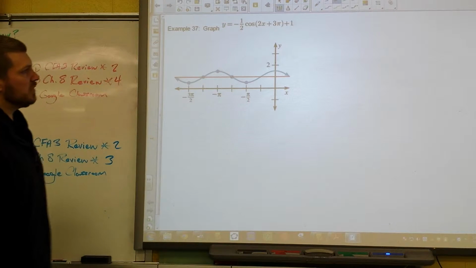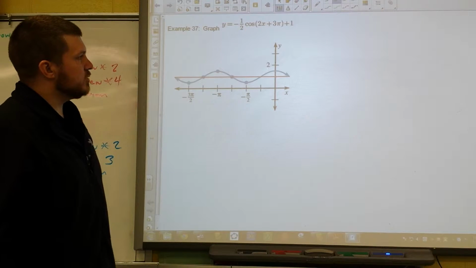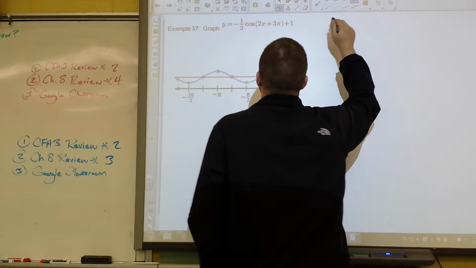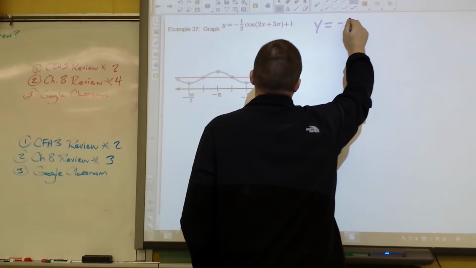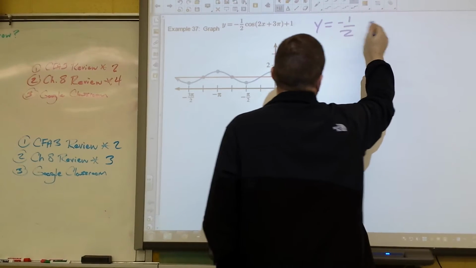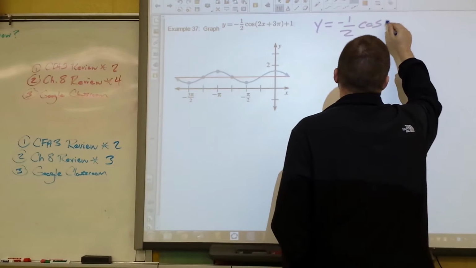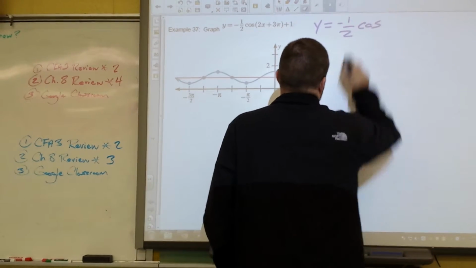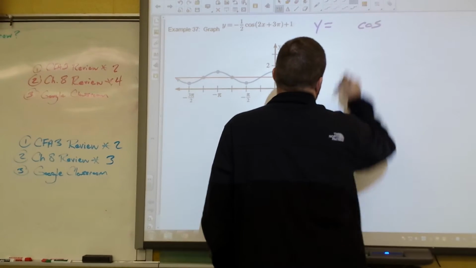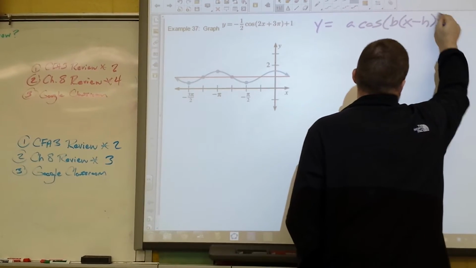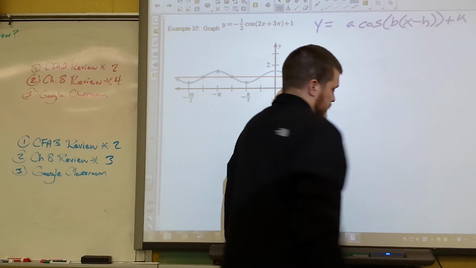Example 37, we have -1/2 cosine of (2x plus 3 pi) plus 1. Start off with what? Our parent function. -1/2 cosine of 2x. A times the cosine of b(x minus h) plus k.